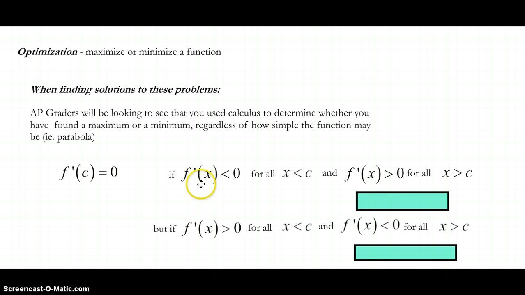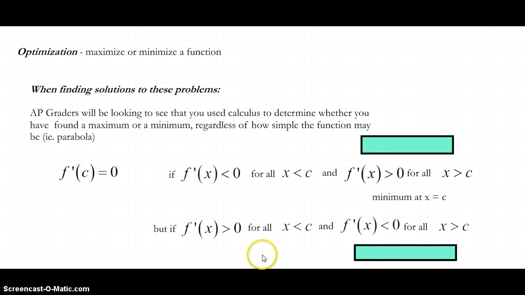So what this means is your first derivative is negative before the critical point, your first derivative is positive after the critical point. That means you're going to have what kind of critical point? No, really answer. Hopefully you all said minimum, because this means that your function is decreasing and then increasing. So that means you have to have a minimum.